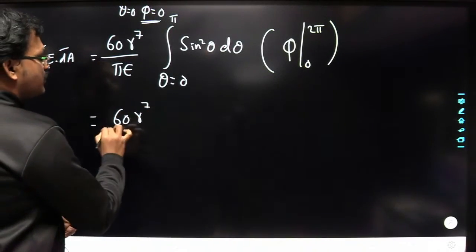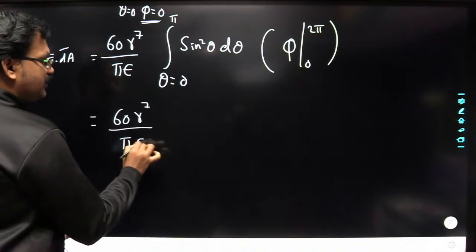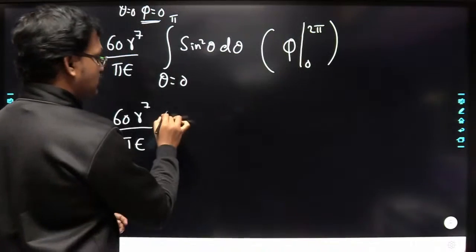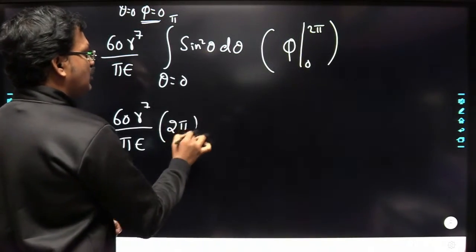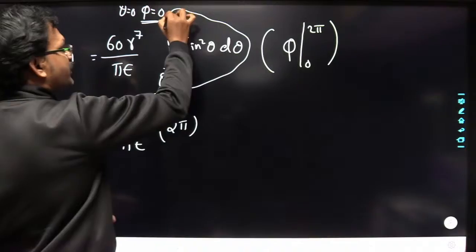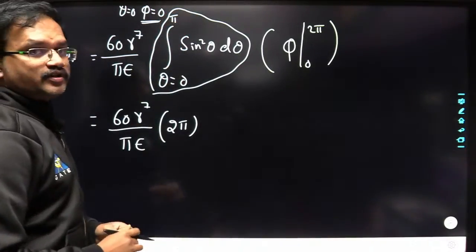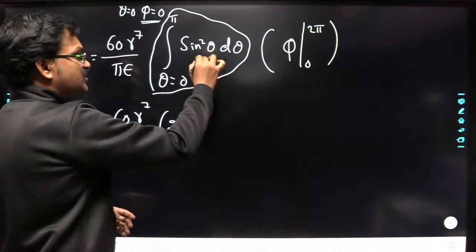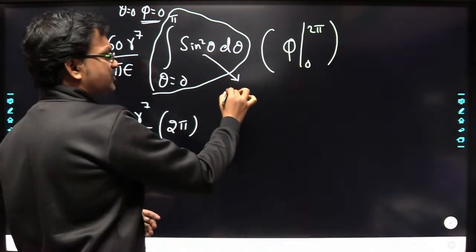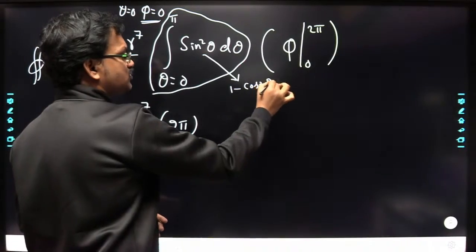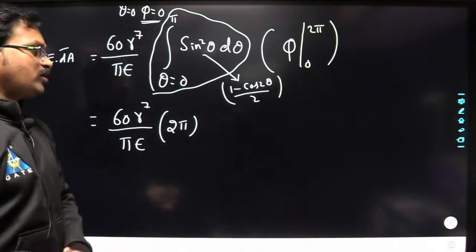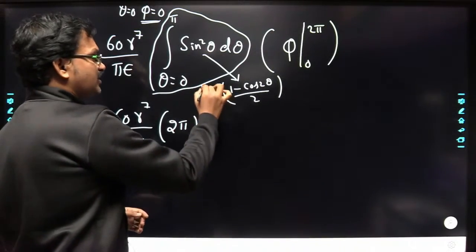60 into r power 7 divided by pi epsilon. The integral of phi, if you substitute the range, you are going to get 2 pi. And what is the integration of sin square theta from 0 to pi? You can check this integration: write sin square theta as (1 minus cos 2 theta) by 2 and integrate.